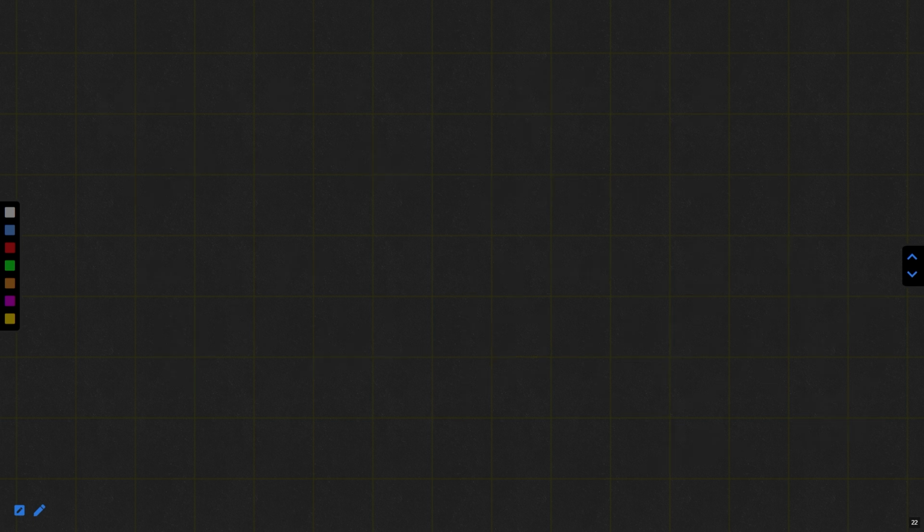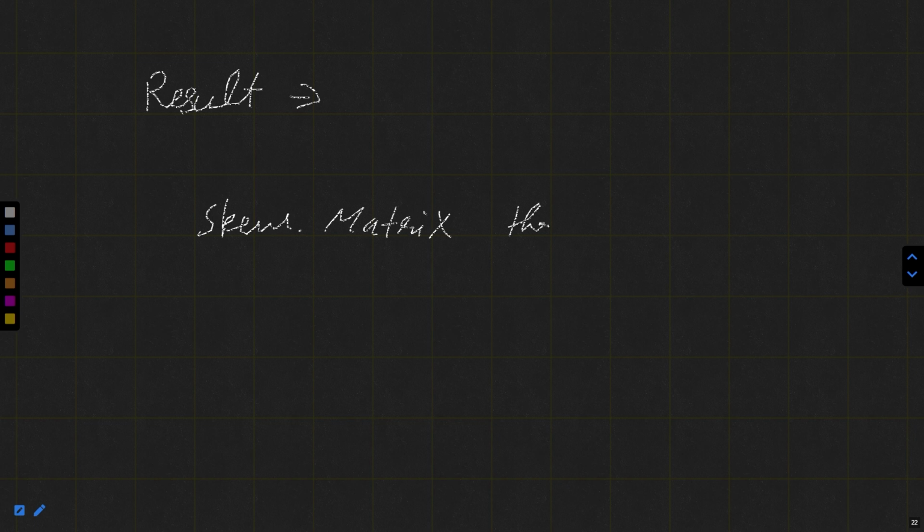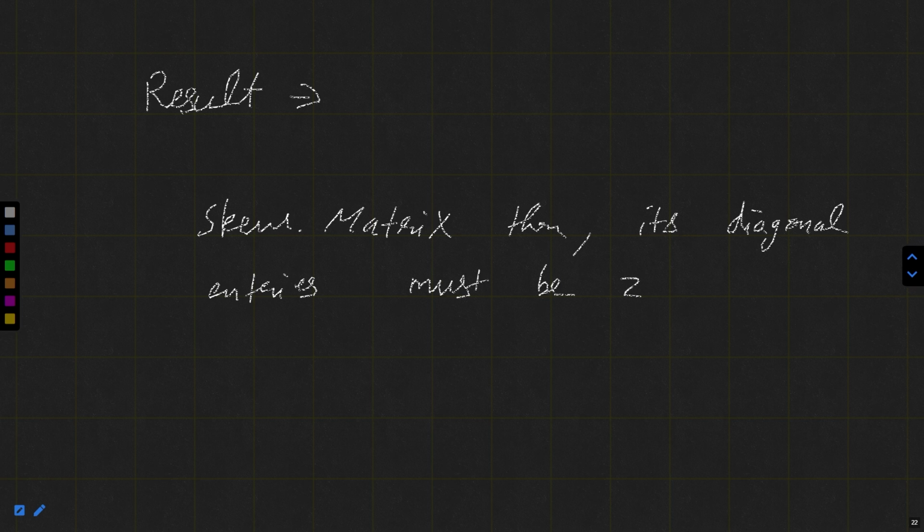And a result, please remember the result. If you are having a skew matrix, then its diagonal entries must be 0.